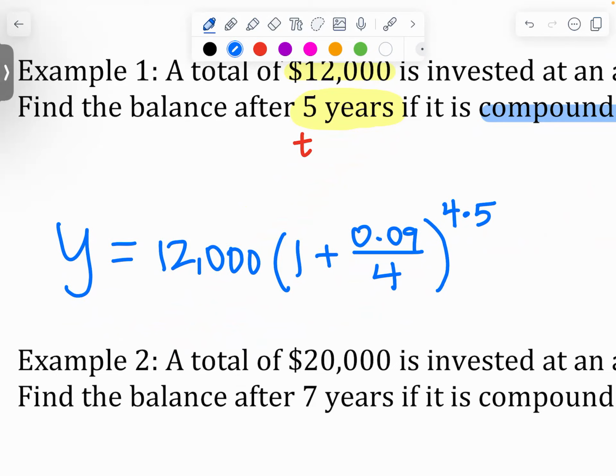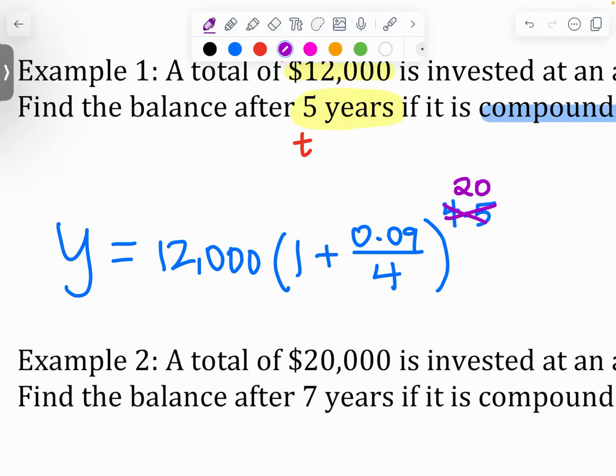Because 20 times in the 4 years, we're refiguring the interest we have made. And we're splitting the rate up 4 times to account for those 4 different chunks. First of all, do we know what 4 times 5 is? I know that this is 20.